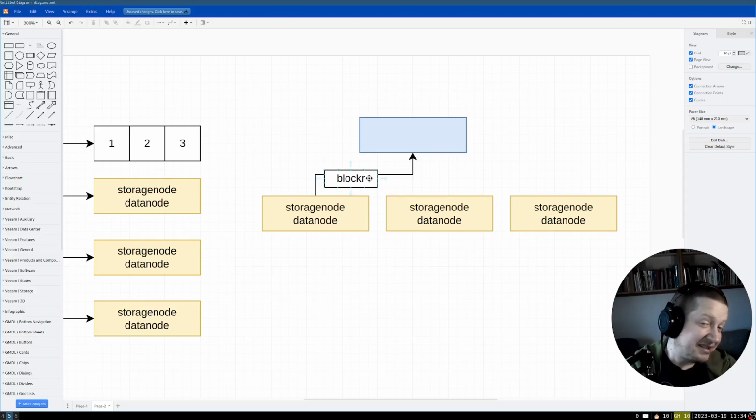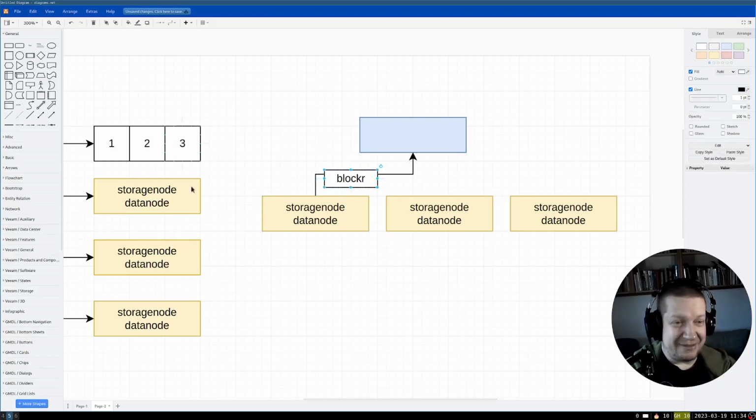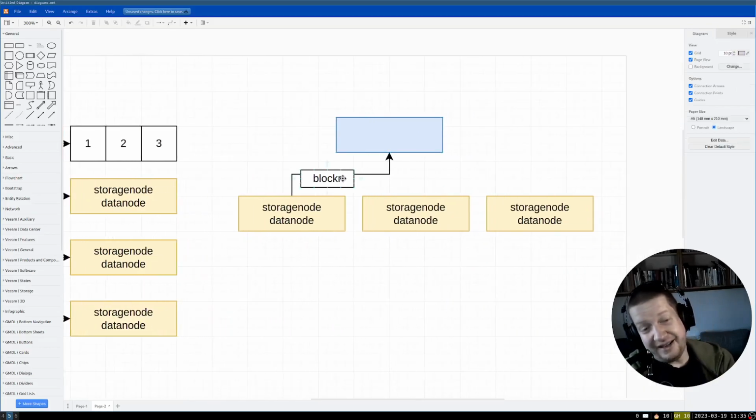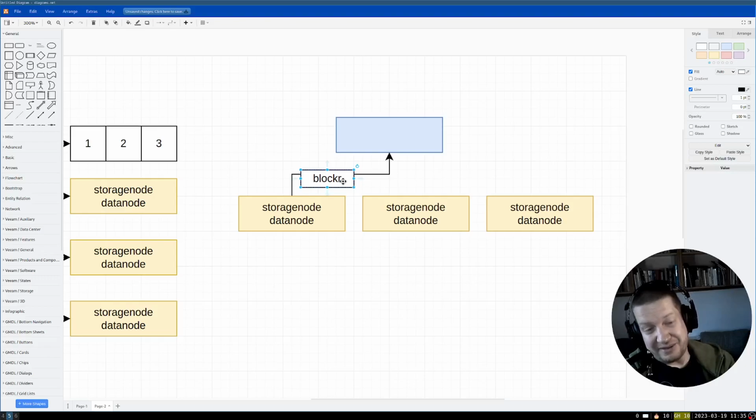In the case of storage, there is no such report. There is this metadata server, so this server is supposed to know everything, where the blocks are. But the storage node doesn't really report back.